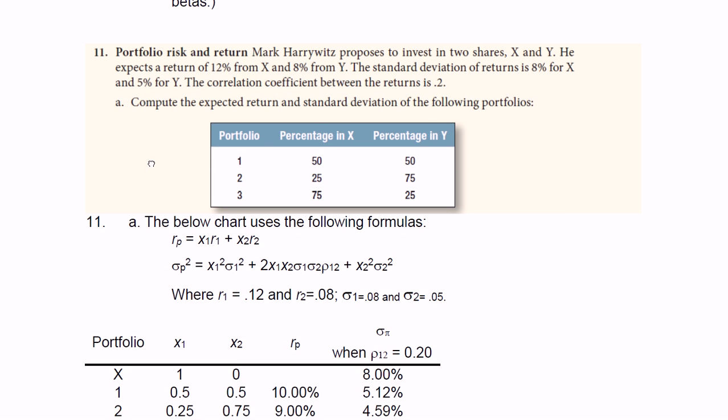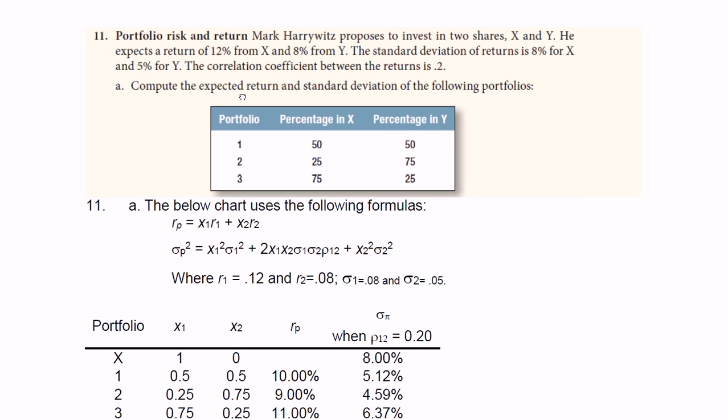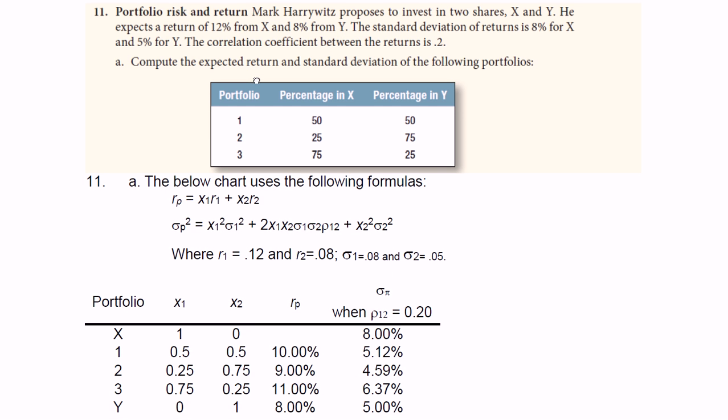Question 11. Portfolio risk and return. Mark Harowitz proposes to invest in two shares, X and Y. He expects a return of 12% from X and 8% from Y. The standard deviation of returns is 8% for X and 5% for Y. The correlation coefficient between the returns is 0.2. So we compute the expected return and standard deviation for the following portfolios.